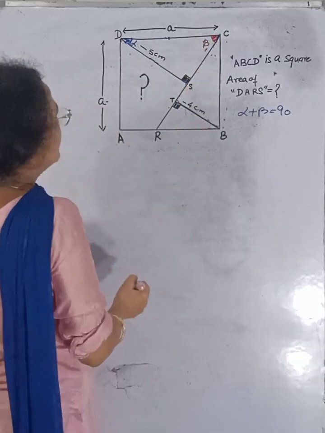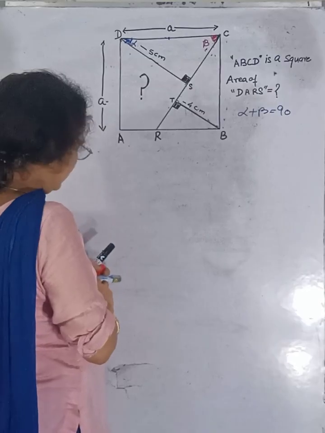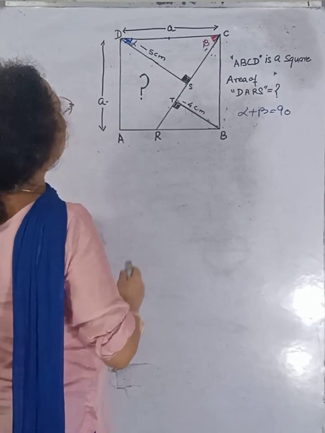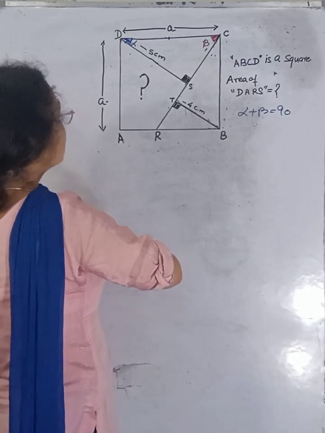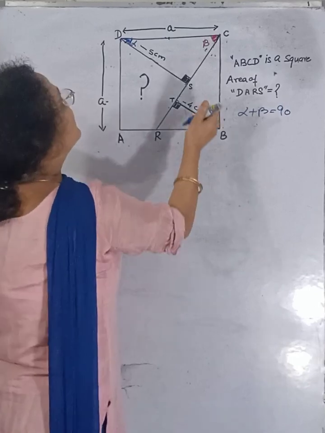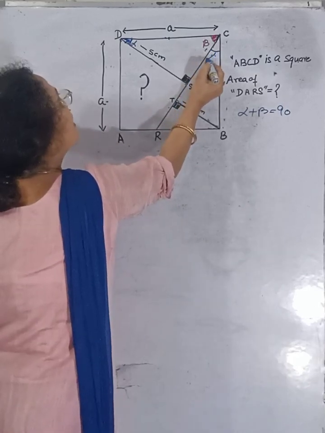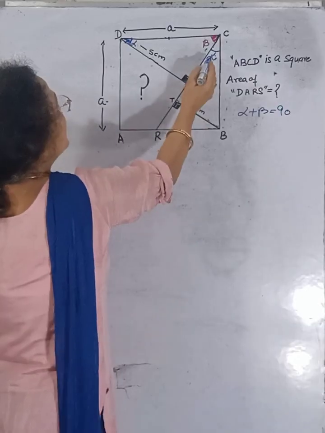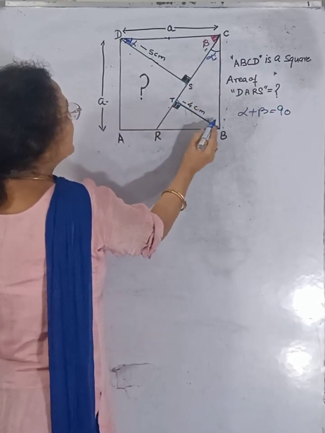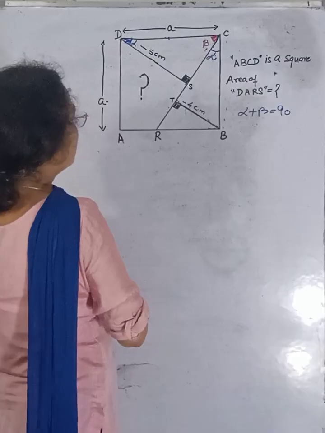Now at corner C, the total angle is 90. The remaining portion will be alpha, and since this is 90, it will be beta.